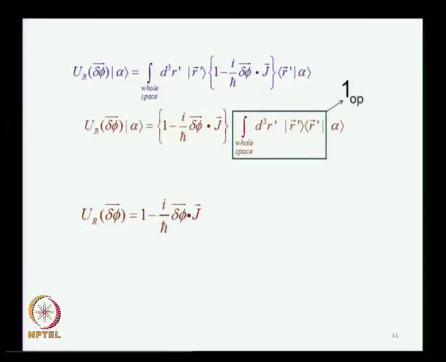In as much as the linear momentum operator was expressed by minus i h cross gradient, the rotation operator is generated by the angular momentum. Rotations are generated by angular momentum, and that is what we have seen over here.